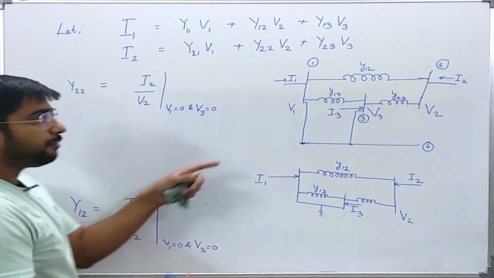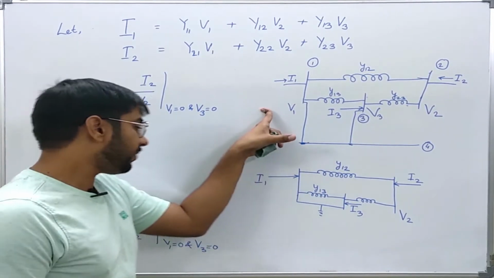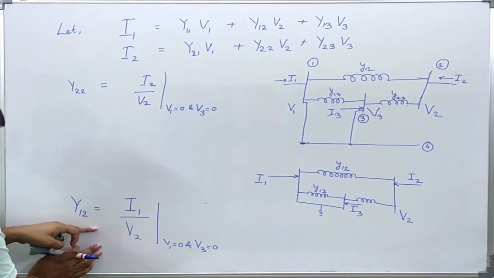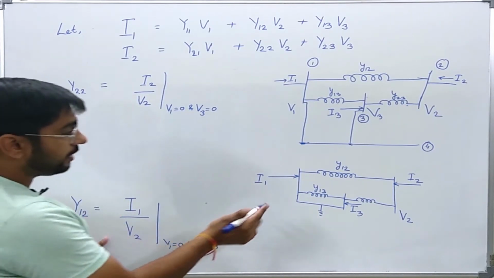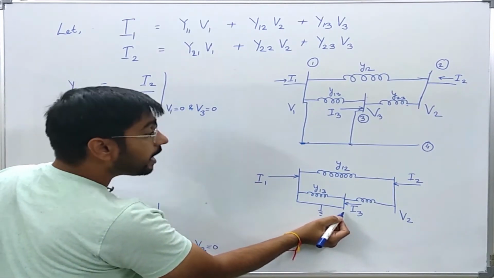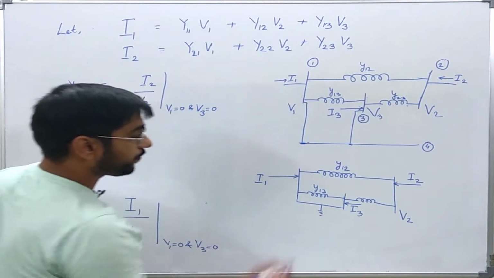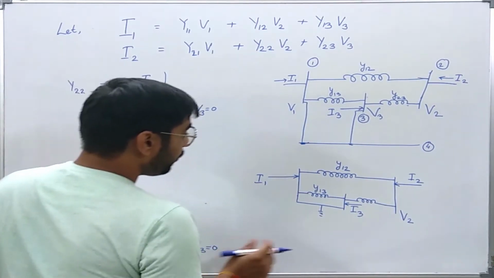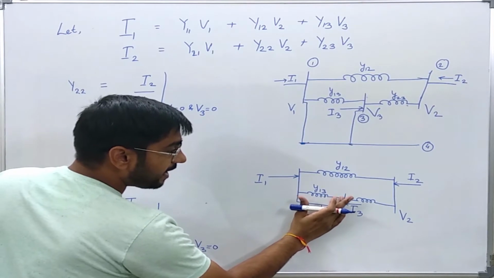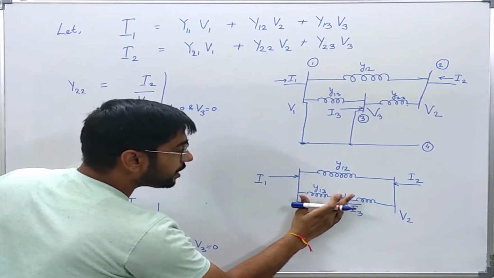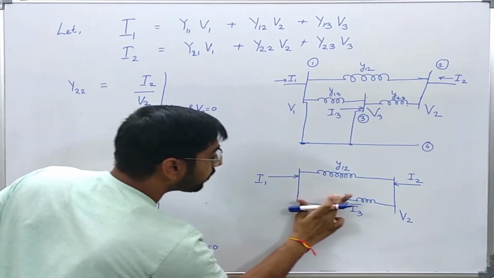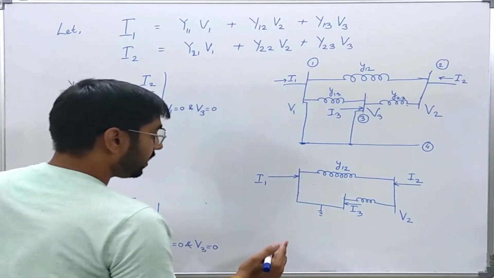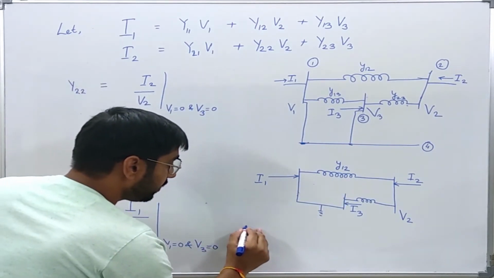Now I have redrawn this network to find this ratio, which is I1 over V2 when V1 and V3 are equal to 0. Okay, now this element can be neglected because it is already shorted. Now I will redraw this here.